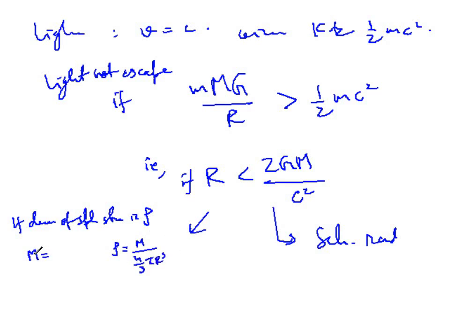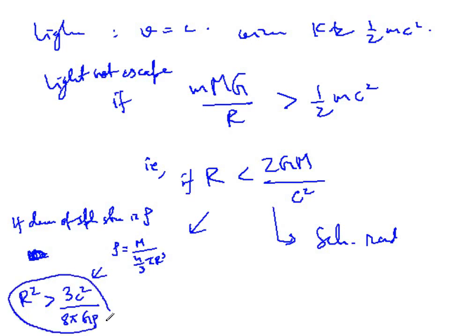So if you do this, right, then from this condition what we will get is this relation: r square greater than 3c square divided by 8 pi G rho. So I am basically writing this same expression, okay, in terms of rho. So I am getting this relation.